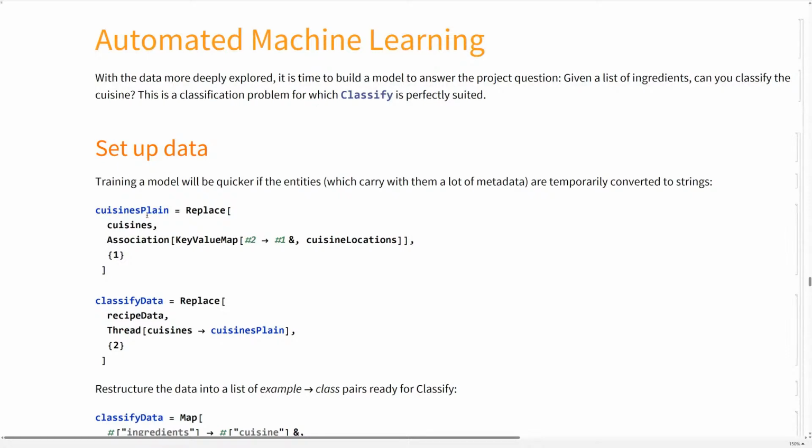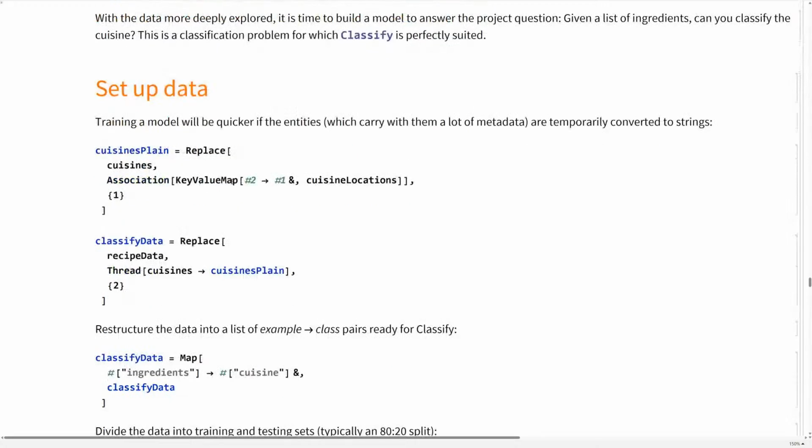First of all, we want to set up our data. Training a model will be quicker if the entities, the yellow-orange boxes which carry a lot of metadata, are not in use, so that will be quicker for Classify to process.